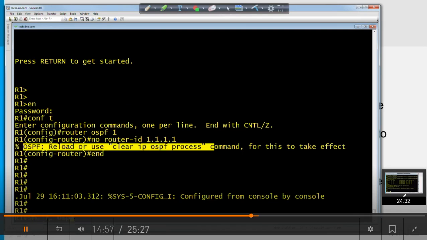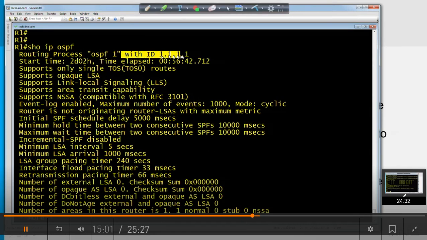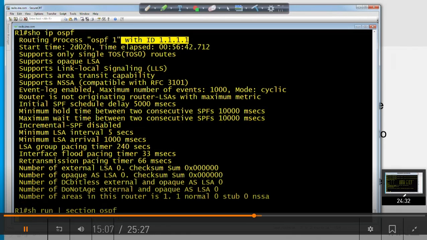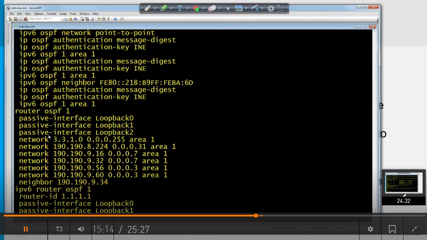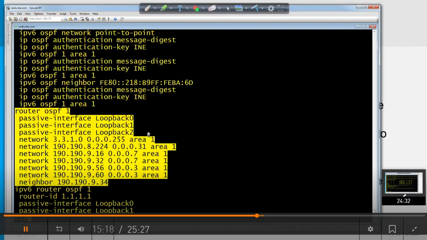Show IP OSPF. Oh, well, he's still using it, even though in show run section OSPF there's no router ID in here anymore, and yet he's still using it. Okay, well, let me just go ahead and create the loopback anyway.